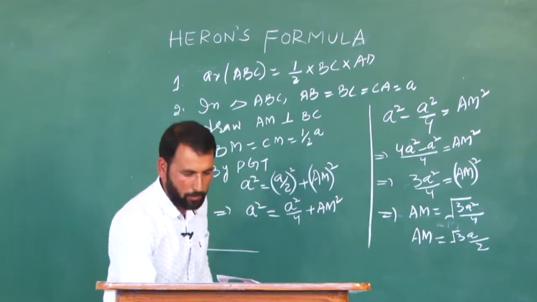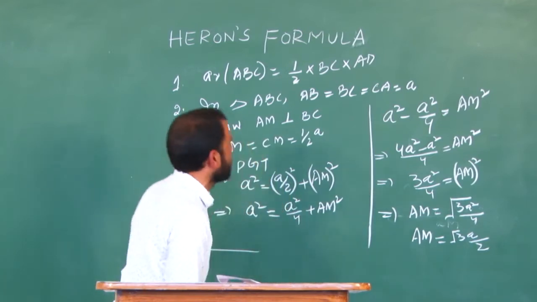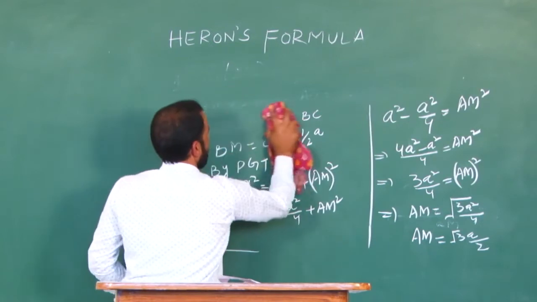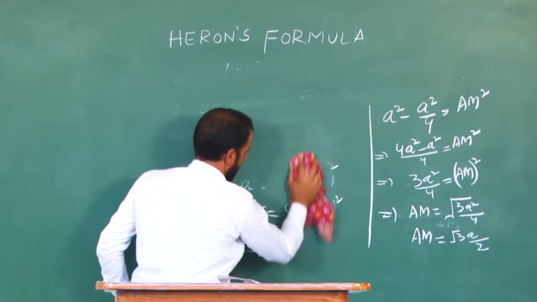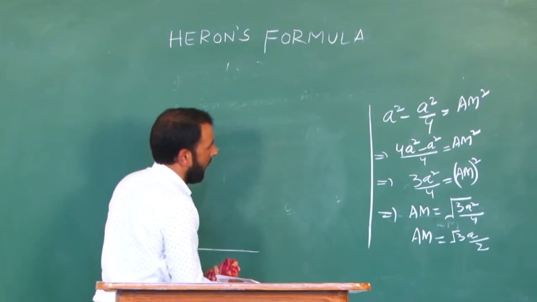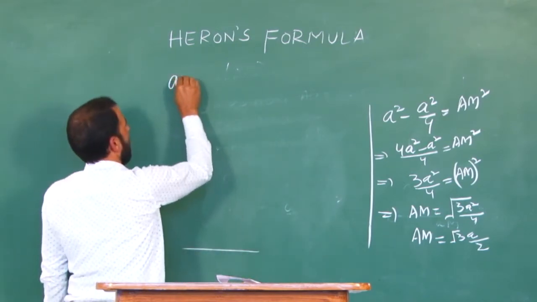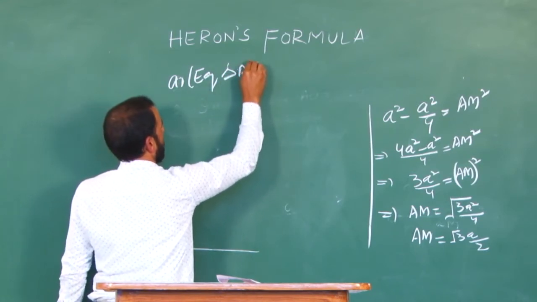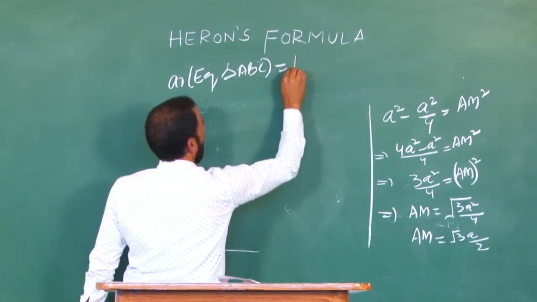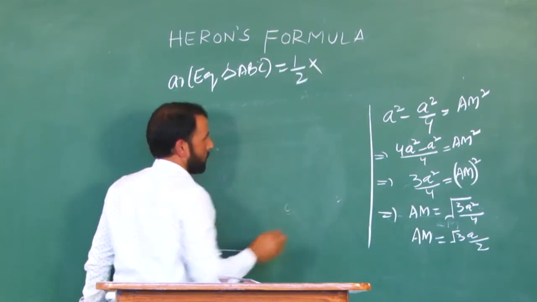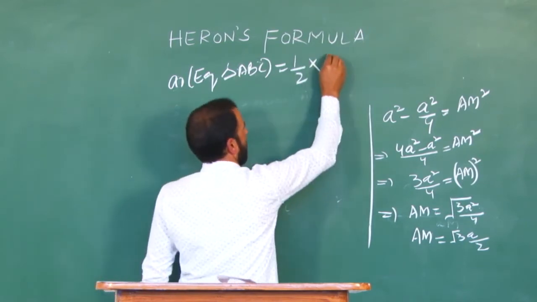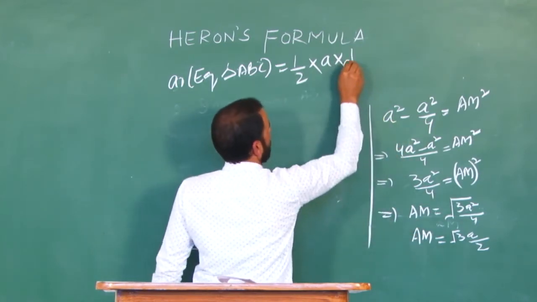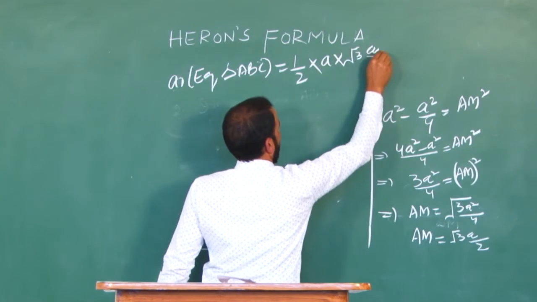Therefore, the area of an equilateral triangle ABC is equal to 1/2 of base, the base is BC, that equals a units, and the altitude is AM, that equals square root 3 a divided by 2.